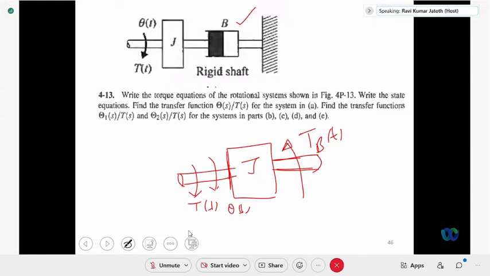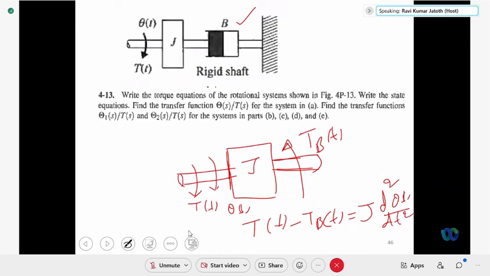Now if you write Newton's second law of motion for a rotational body, then T(t) minus TB(t) is equal to the moment of inertia times the angular acceleration, J d squared theta(t) by dt squared.